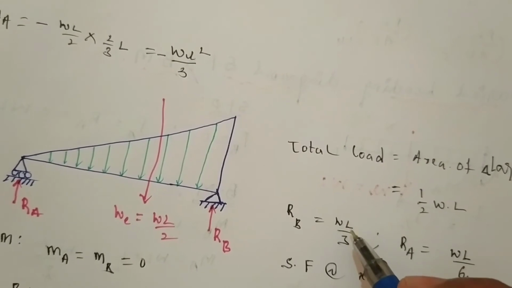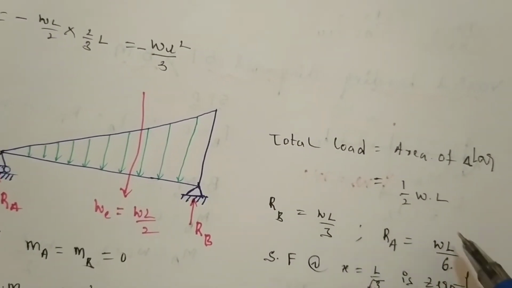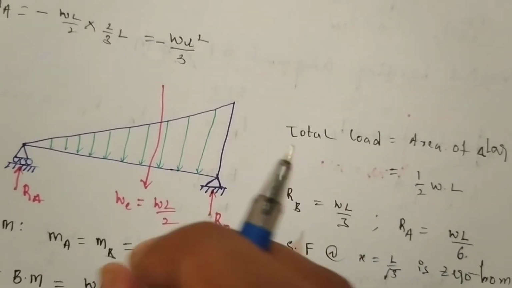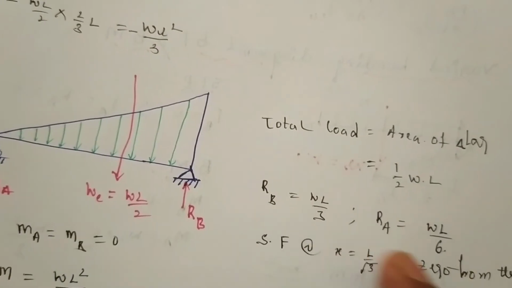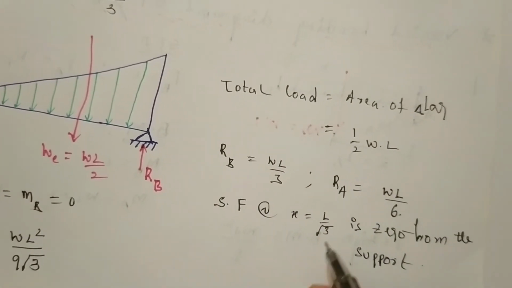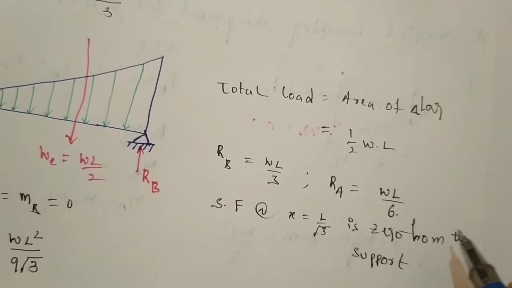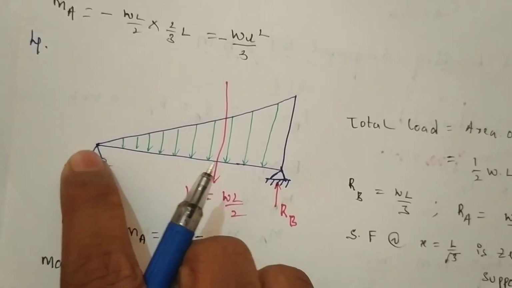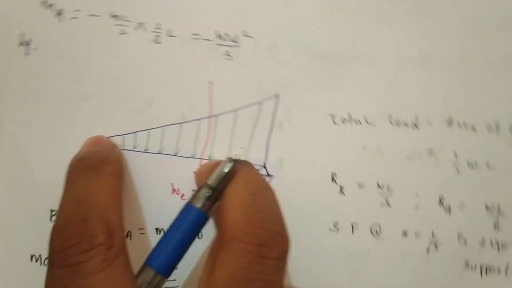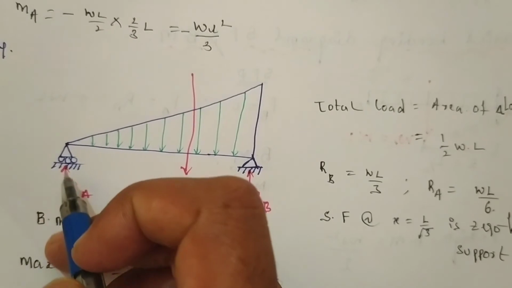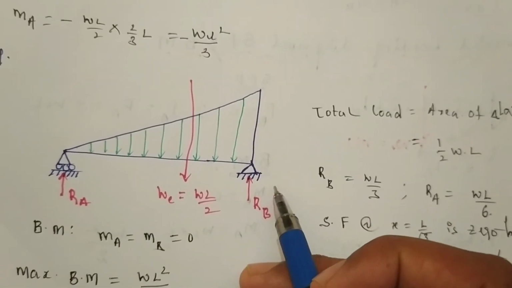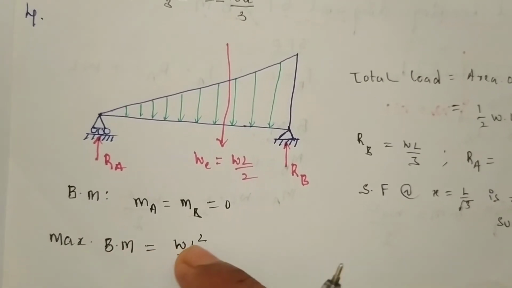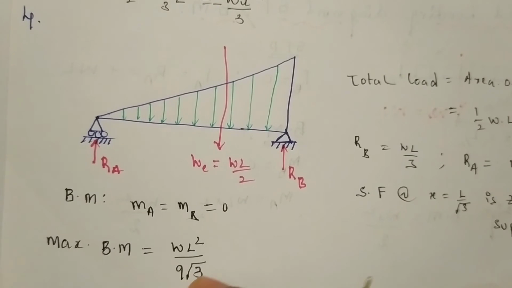The maximum shear force is available at x equal to L by root 3 from the support, where shear force is 0. In any simply supported beam, the bending moment at the end points is 0, so at points A and B it is 0. The maximum bending moment equals WL square by 9 root 3.